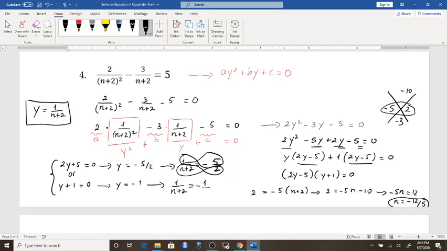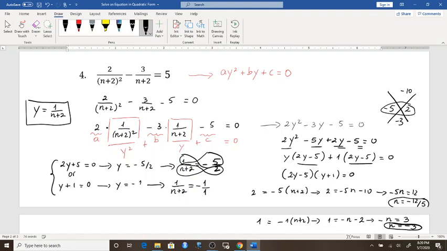Let's cross multiply. Negative 1 means negative 1 over 1, from which we get 1 equal to negative 1 times n plus 2, which means 1 equals negative n minus 2, and therefore negative n is equal to 2 plus 1, which is 3, so n equals negative 3.